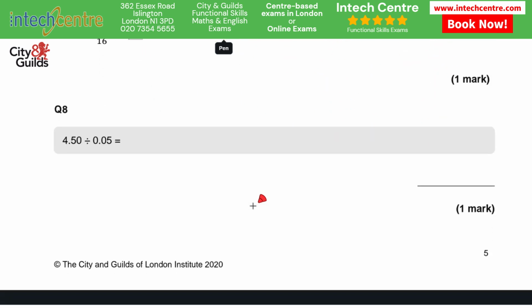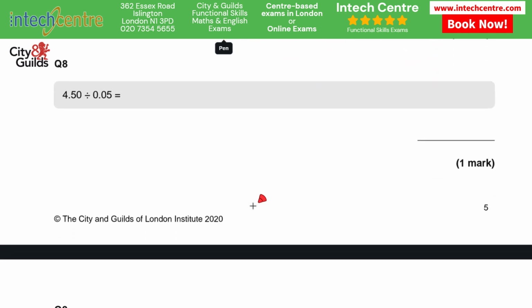Moving on from this, question 8 is asking us 4.50 divided by 0.05. Now, dividing by a decimal is the same as multiplying by its reciprocal. So the reciprocal of 0.05 is 1 over 0.05. This is the same for any other decimal.